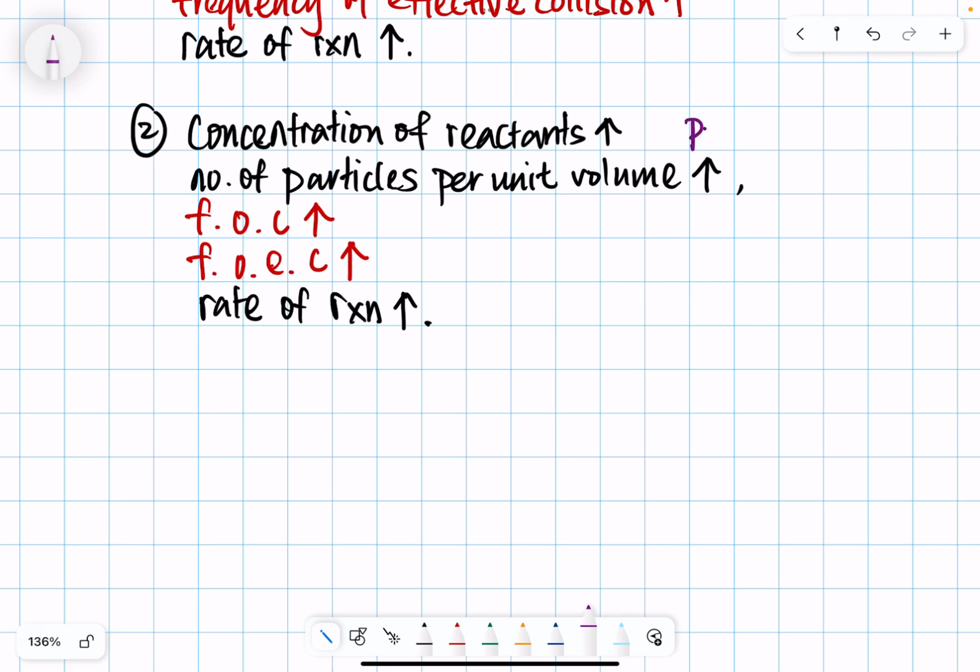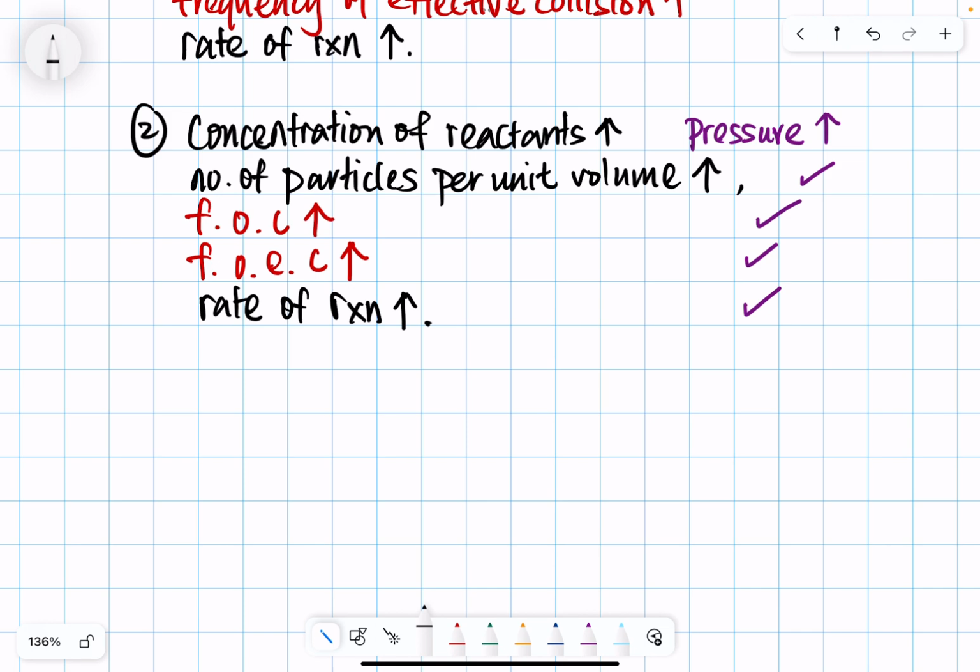When the pressure of the gas increases, the number of particles per unit volume is going to increase as well. So the frequency of collision increases, that leads to an increase in frequency of effective collision, hence the rate of reaction is increasing. The only change you need to make is the leading sentence.